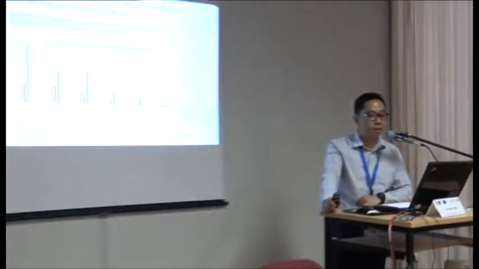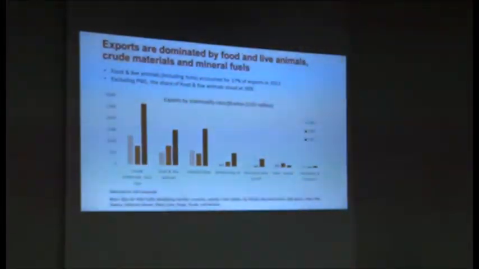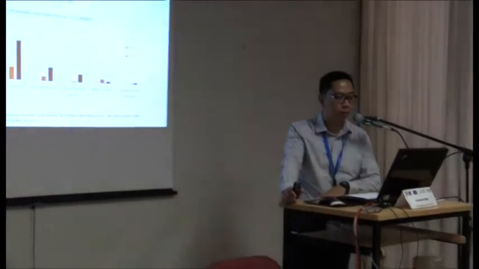In terms of major commodity groups, here we select three years: 1993, 2003, and 2013. There's an upward trend generally among these commodity groups. If we include PNG exports, the contribution of food and live animals is 17% by 2013.